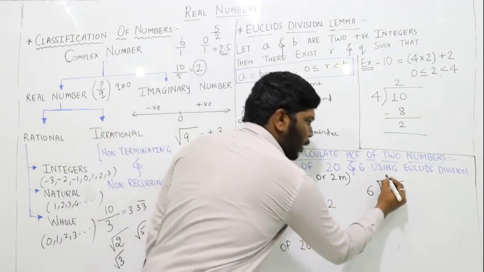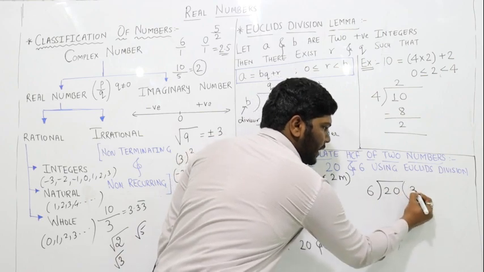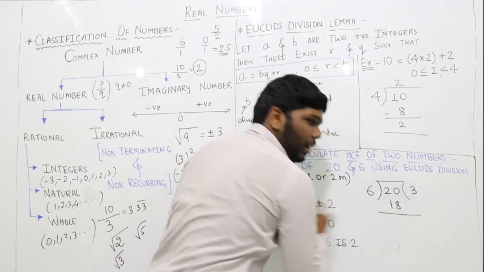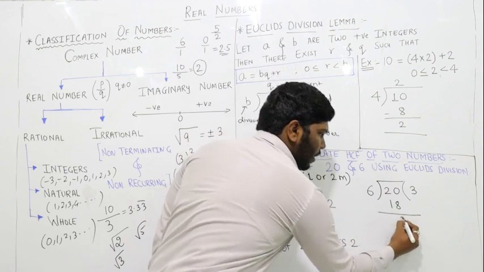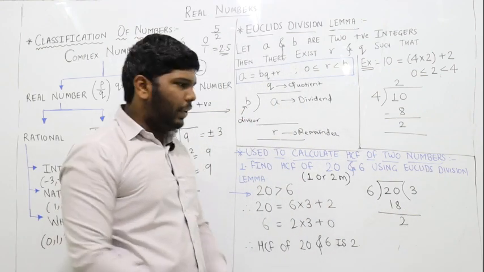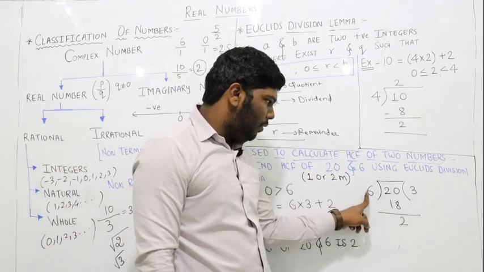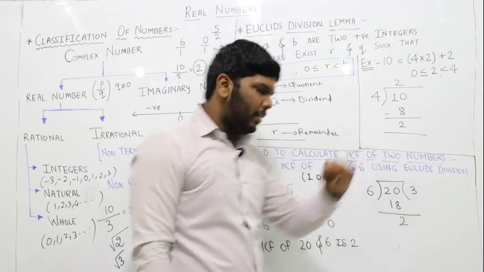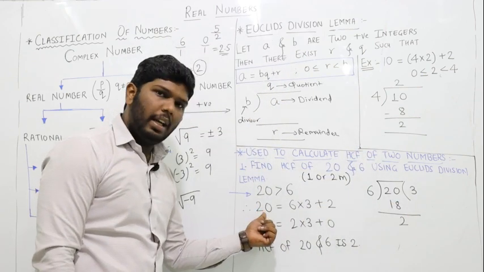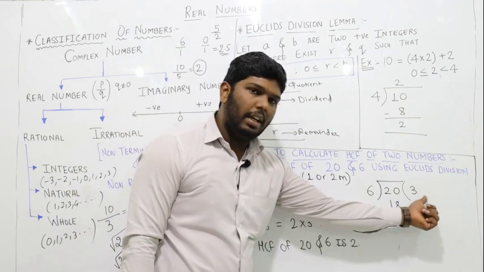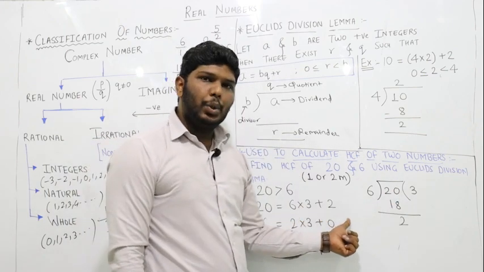After that, you have to find the quotient. So what is the quotient here? 6 3s are 18, right? So 20 minus 18 will give you 2. After that, you will write dividend as divisor into quotient plus remainder. So similarly, we have written here 20 is equal to 6 times 3 plus remainder 2.